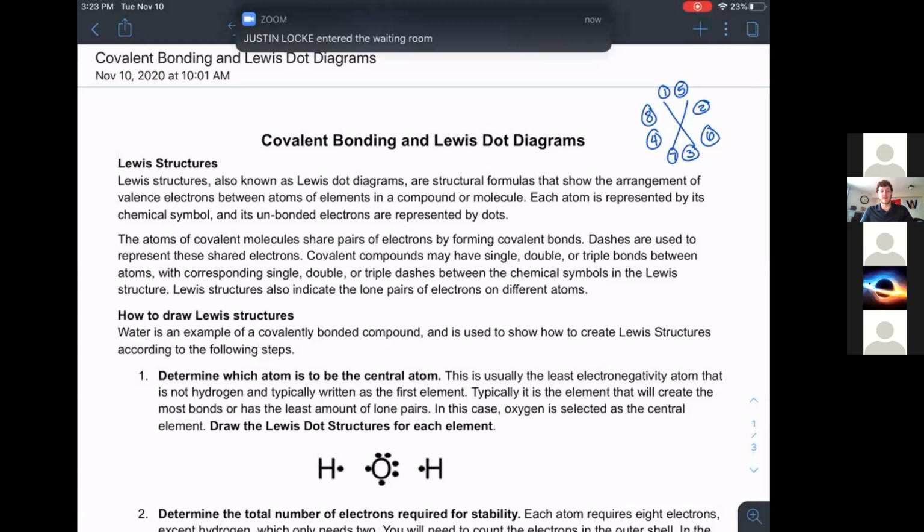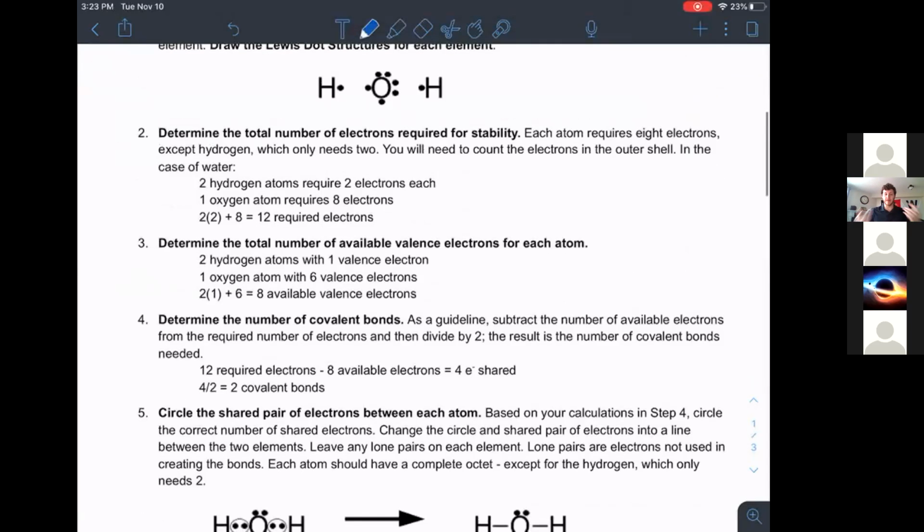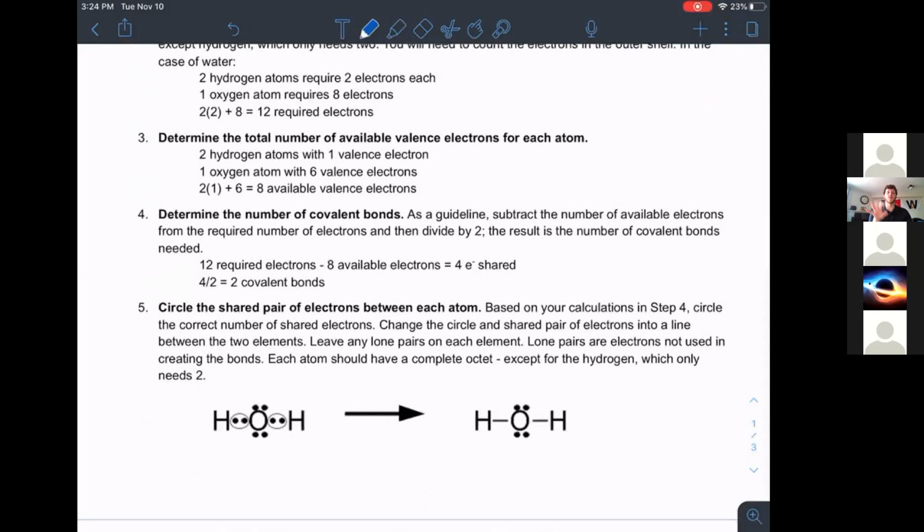When we're doing this, you also have to remember that we have to be able to determine the number of shared pairs of electrons that are going to happen and how many bonds we're going to form. So this goes through and explains to you in words what we're doing when we are doing these covalent bonds. We're going to go through a couple problems together because I figure might as well go through them together.